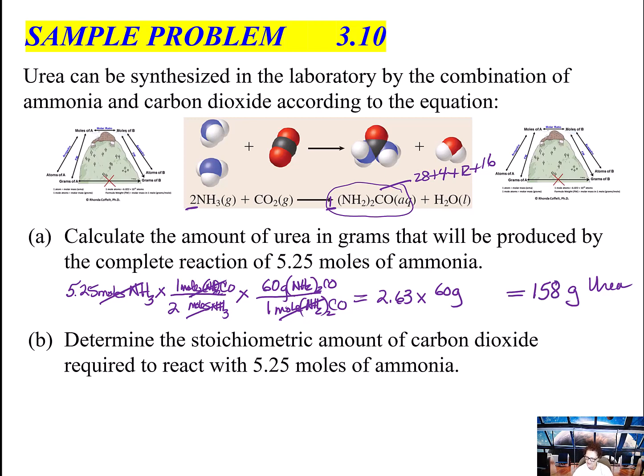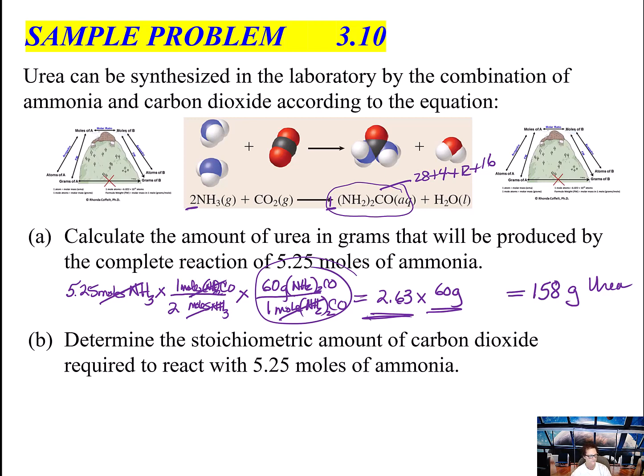So I did that all in one long step. So I'm just telling you, I got the 2.63 moles, but then I had to multiply it by 60, right? And then that is where I got the 158 grams.